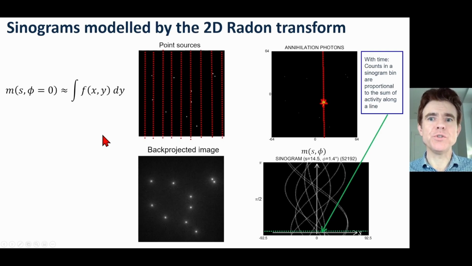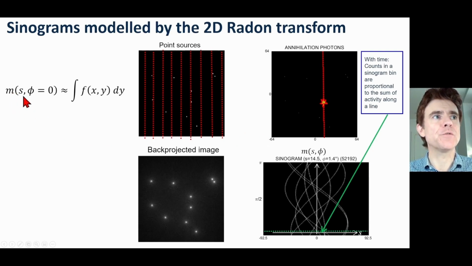Okay, then what we could do is consider all of the sinogram bins along there, so all the values of s, all of the different perpendicular distances. I'm showing that here by considering this collection of parallel lines as we consider all of the positions along there. Obviously I would need to fill in all the gaps, but I'm just spacing them out for clarity here. And then we could consider all of those line integrals and therefore obtain the value m as a function of s, or indeed as a function of x, because here phi is effectively 0.